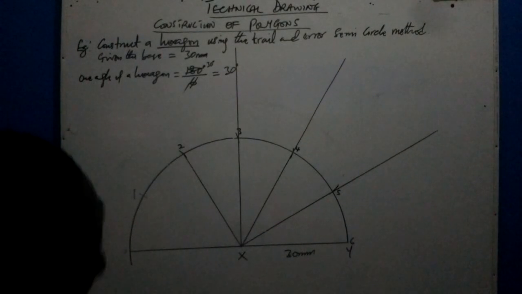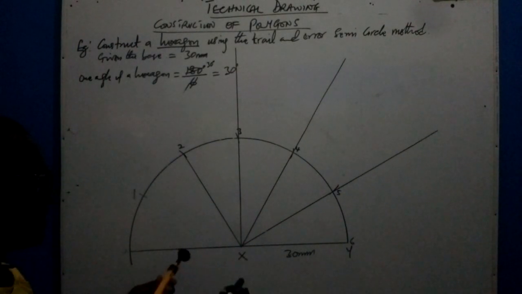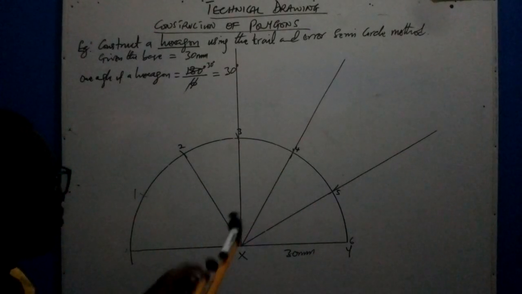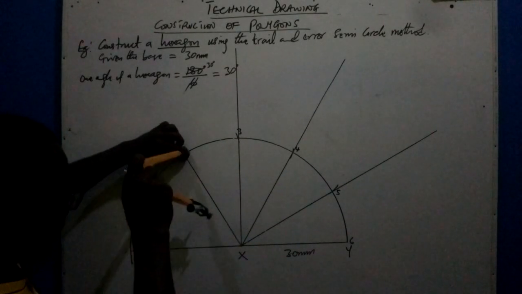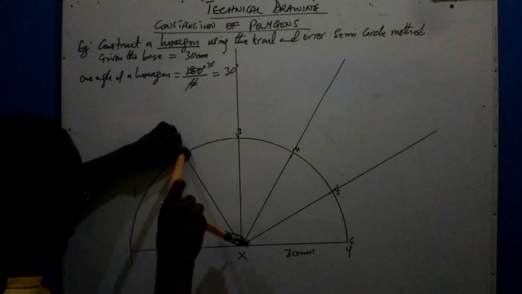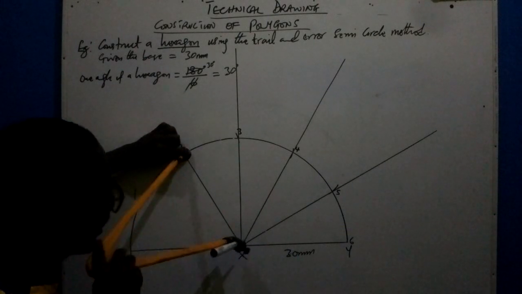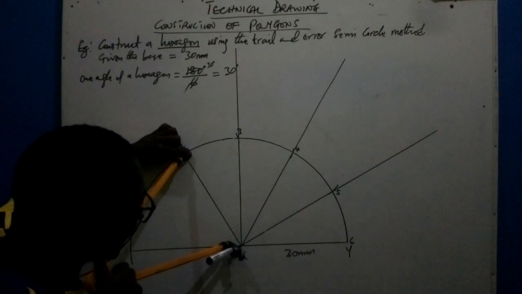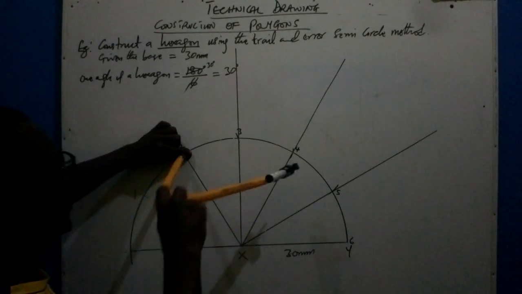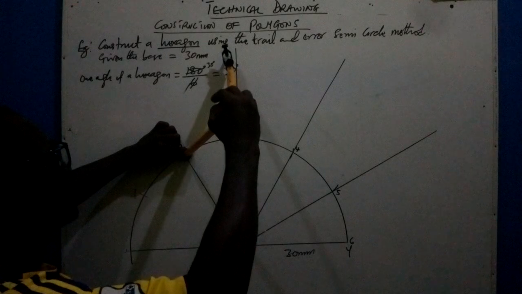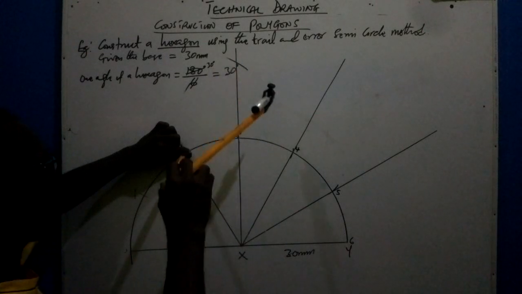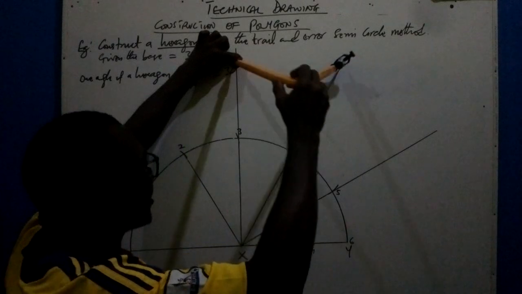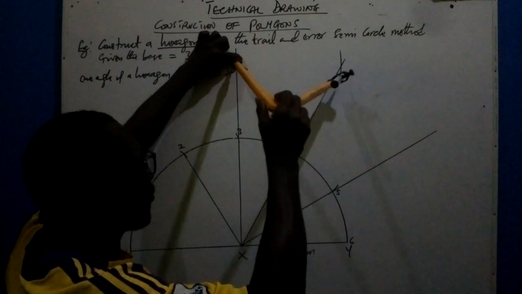Afterwards, you measure the center, that's from the center to point 2. So let's say I've placed at point 2, I've measured to the center of the semicircle. I've taken the measurement, then I will stand on 2 to cut it on 3. Then I'll do the same thing, I'll stand on 3 extension, then I'll cut it on 4.